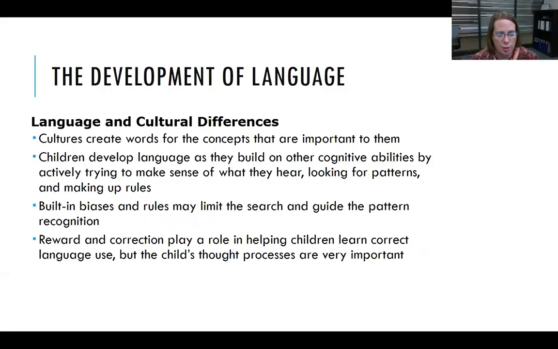Other considerations. There are built-in biases and rules that may limit the search and guide the pattern recognition. So what they hear and experience limits what they learn. So for example, in some languages, there are differences in tone. So if you live in one culture, you might experience a tone that other cultures don't experience.